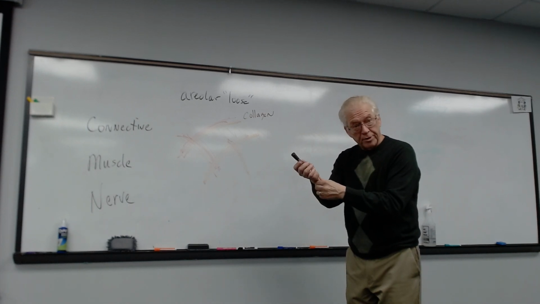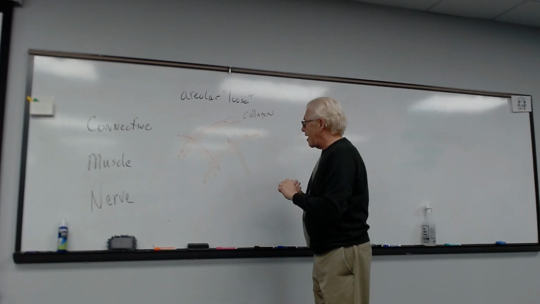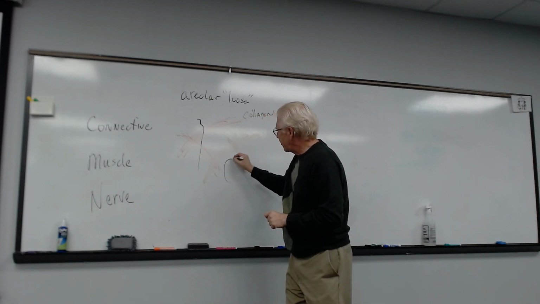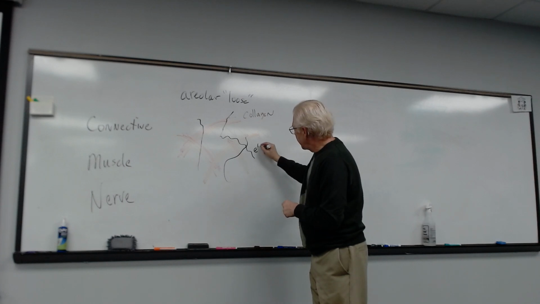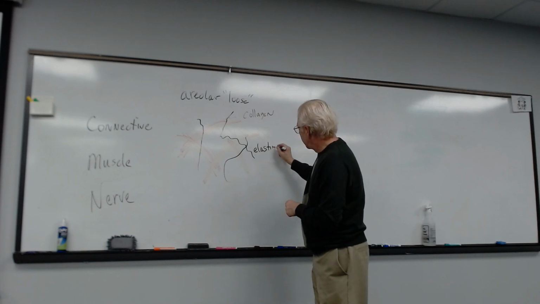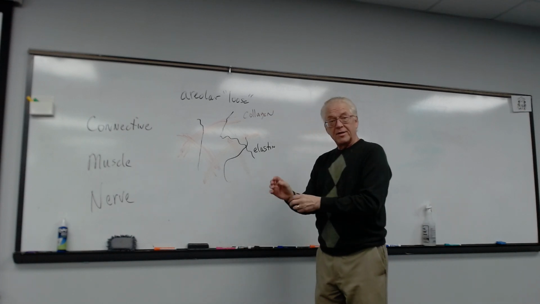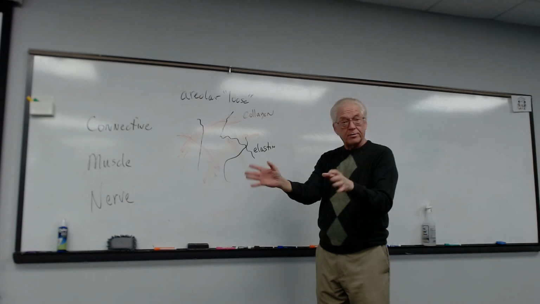No, it holds on pretty tight, right? That's collagen. You also have, in between, these little thin elastin fibers. What do elastin fibers give us? Elasticity. So when you pinch your skin, it pops back into its original location.